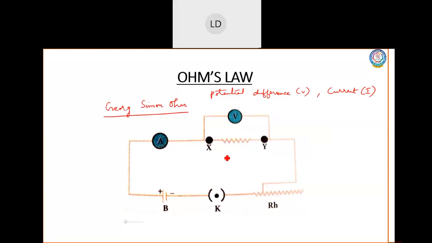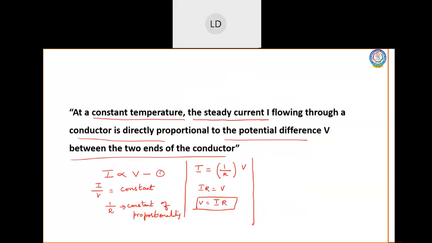Suppose I told you this is a nichrome wire, right? Now if this nichrome wire has got a resistance. Suppose this nichrome wire is replaced by a copper wire, definitely you will have a different value of current flowing in the circuit. Now if that copper wire is replaced by an aluminium wire, definitely the value of current will be changing. So the value of current depends on what is called resistance of this material.